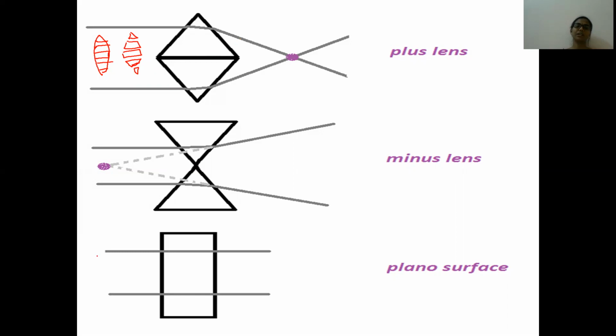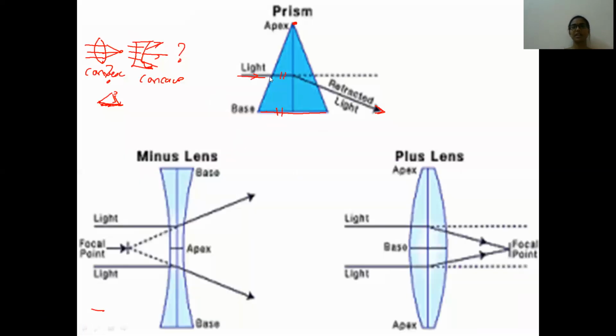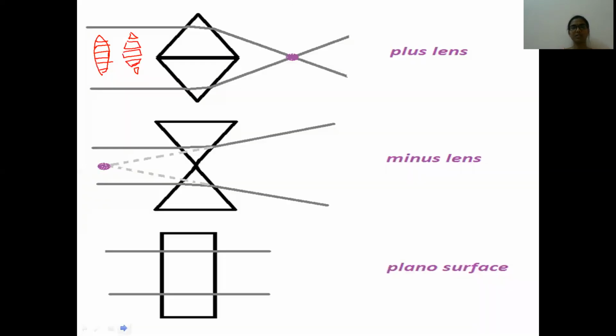Now you understand from the first slide that when the light ray passes parallel, it will bend towards the base. Observe this figure.